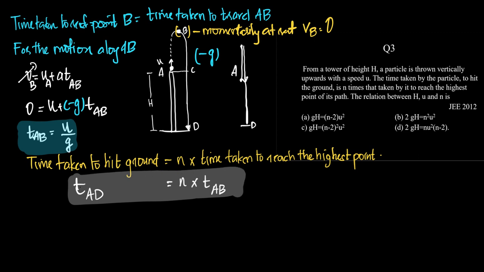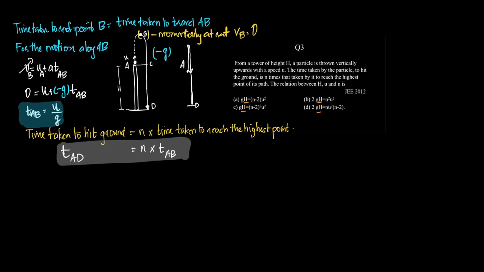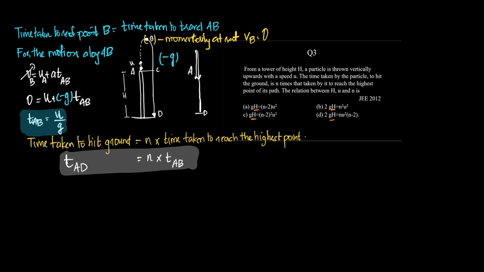Now, you may ask what to do next, for the exam point of view, how to proceed to the next part of the solution. It's very simple. What is common in all the options? We've been asked to find the relationship for H, so definitely we need H. For the complete travel, what is S?